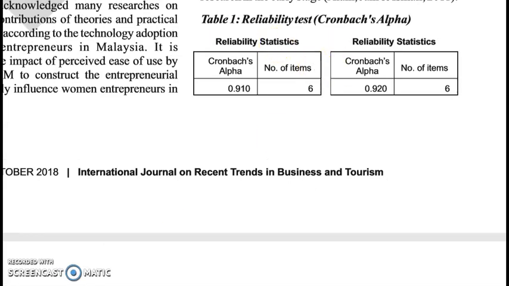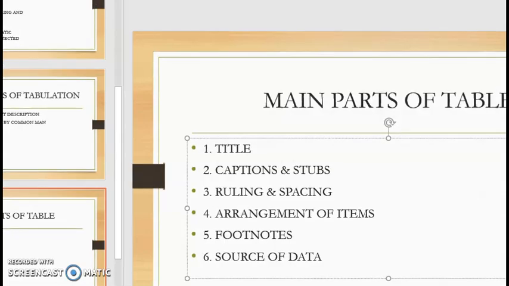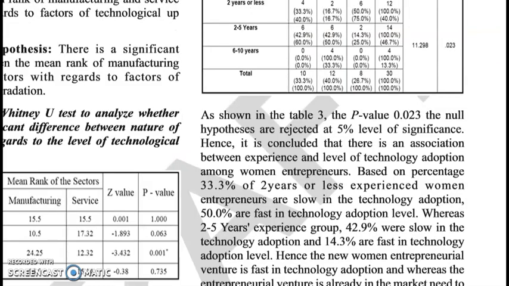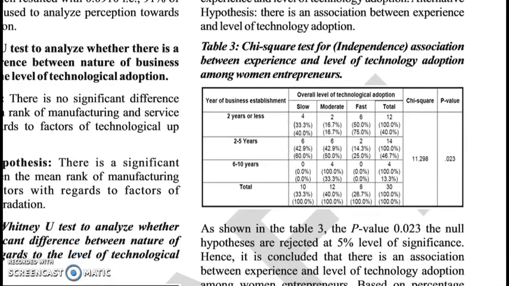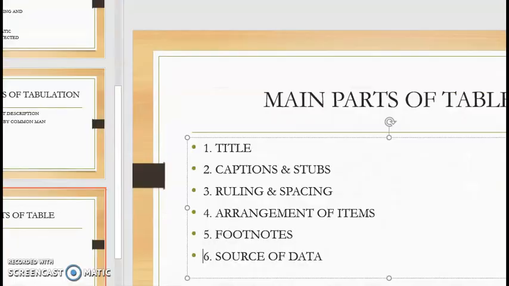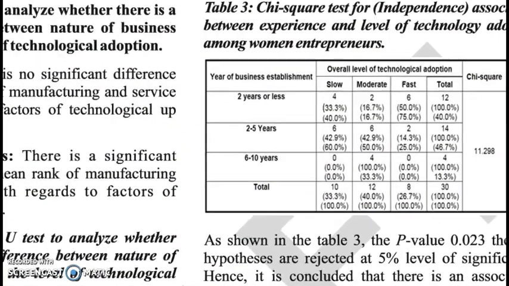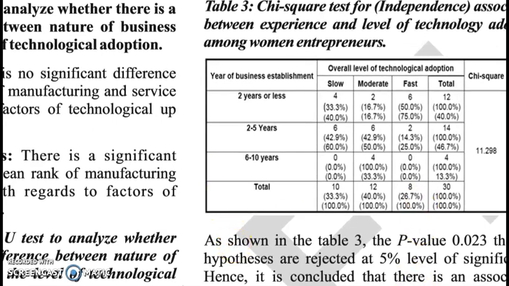Then the caption, what that table is describing, right? And then ruling and spacing, giving that particular table proper spacing and proper ruling, meaning exact rows and columns.